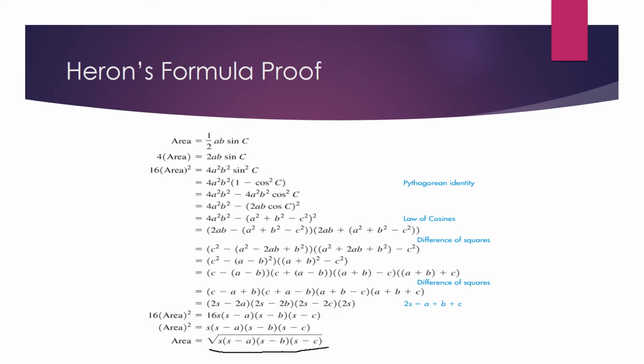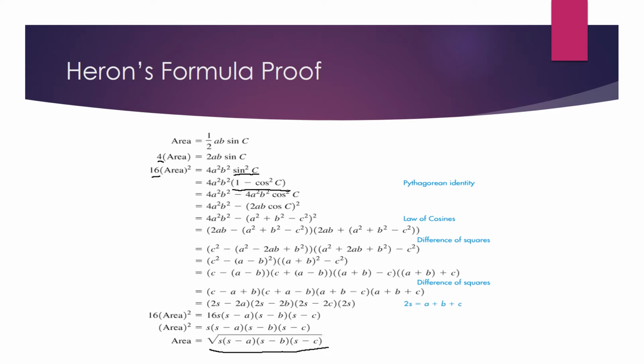Now, a few key things to note, besides multiplying by 4 here and 16 here, are when we go from sine squared c to 1 minus cosine squared c. This is a simple Pythagorean identity, which is just simply that.